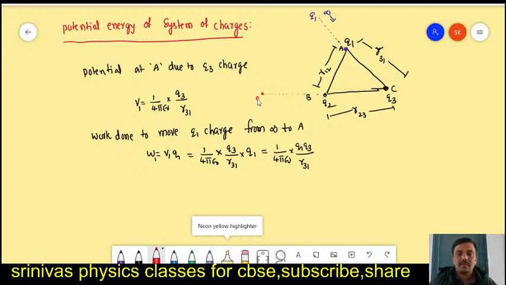Then the Q2 charge we are moving from here to here.